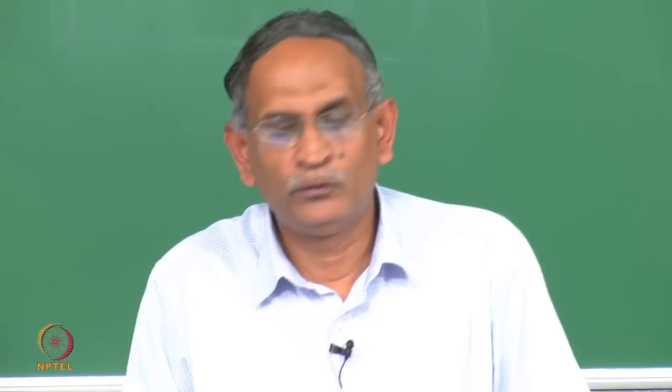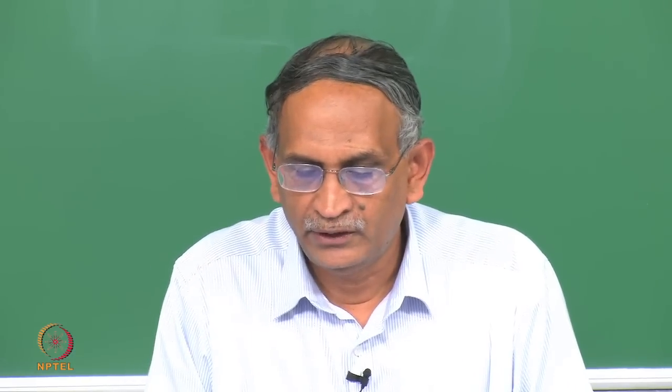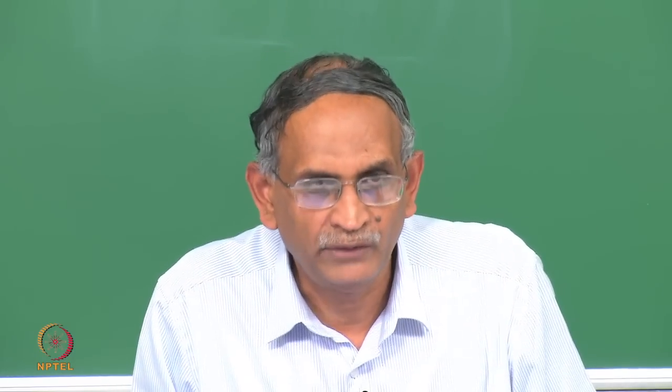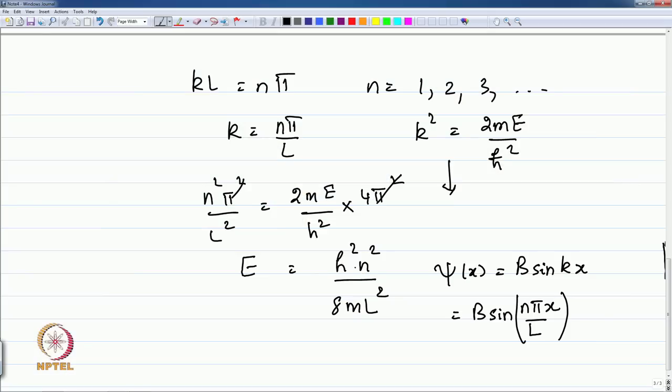So, this is the simplest solution, but two important results. One is that the energy for the particle in the box, which is subject to boundary conditions, that the wave function vanishes at some boundaries. Subject to that, the particle energy appears to be quantized, not arbitrary.